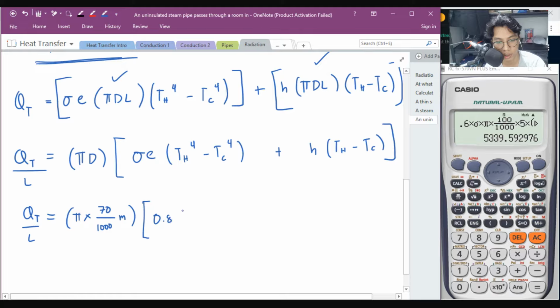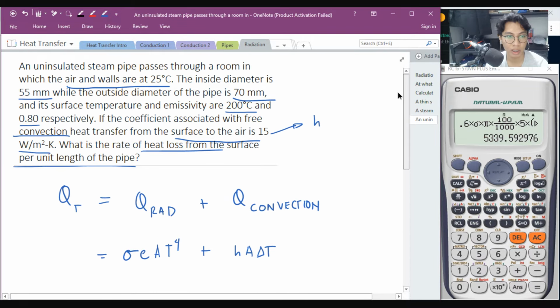Tapos, 5.67 times 10 to the negative 8 watt per meter squared Kelvin to the fourth. Just multiply it with T hot. Okay? So, ito kasi, 200. Pag naging absolute, 200 plus 273, it is equal to 473 degree Kelvin.